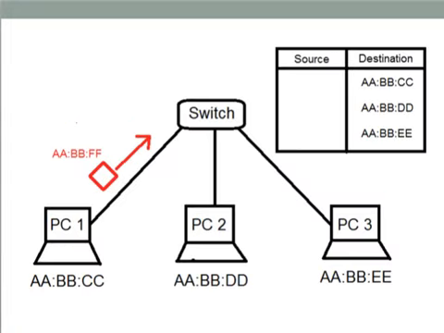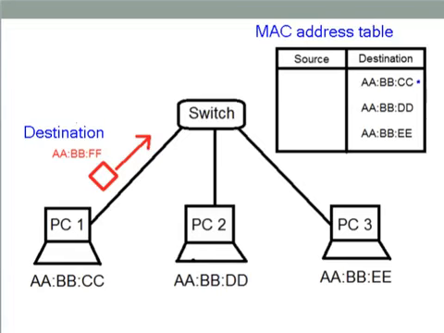Let's take a look at the previous example shown earlier. Assume now PC1 sends a frame with a destination MAC address of AA:BB:FF. This frame is sent to the switch. The switch will compare the destination MAC address with its own MAC address table. But based on the MAC address table, it is unable to find any destination MAC address that fits this frame.